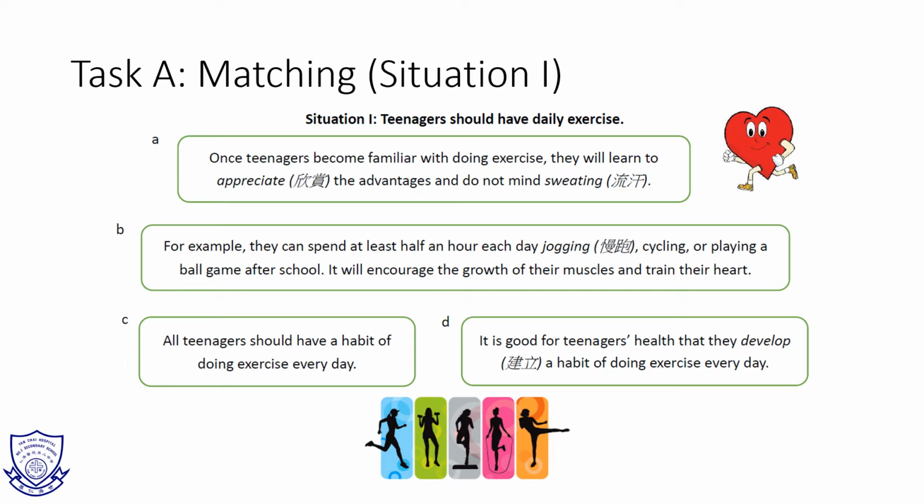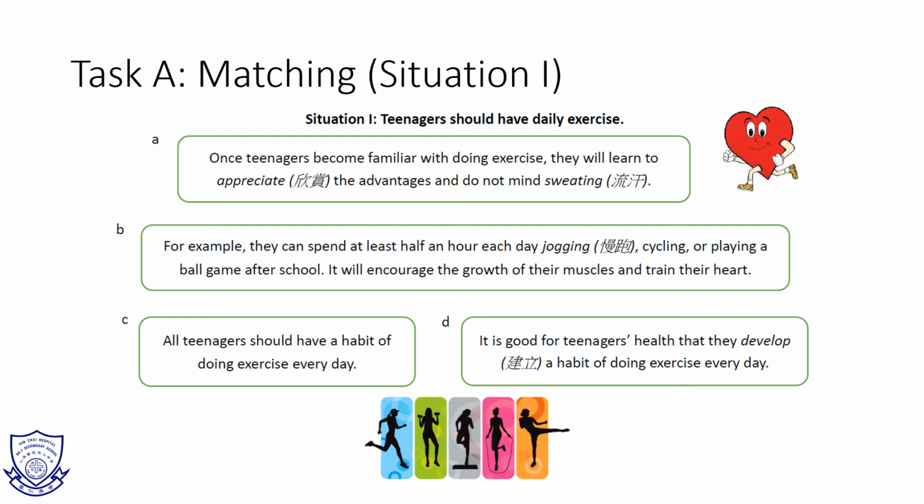So what you will do is arrange these 4 sentences by writing the letters in the correct order according to the OREO writing model in the table below. Now I will read these 4 sentences to you and after that you have 3 minutes to arrange them.